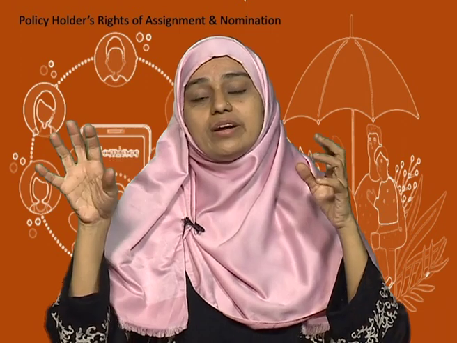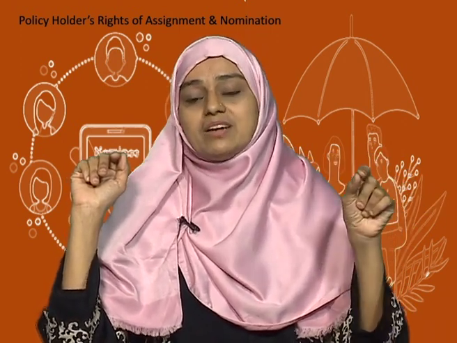I simply cannot sit in my home and say that I have assigned the policy. I have to bring it to the notice of the insurance company. They have to carry out the necessary documentation process, and only then can assignment happen. So a policy contract endorsement is required to effect the assignment.